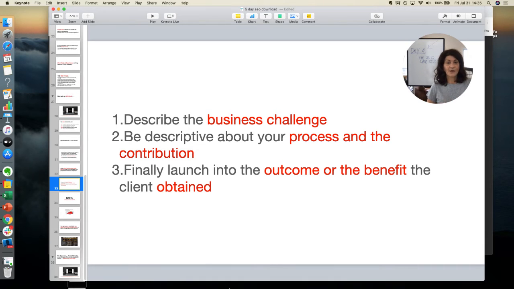You can say, when it comes to migration, I've had several situations where a client came to me many months after the migration, and because they didn't work with SEO early on, their traffic was falling off a cliff month over month. They were losing massive amounts of sales. Then the team came in, we did these certain things, and within 12 to 20 weeks we got this outcome, this increase in traffic or this increase in sales.